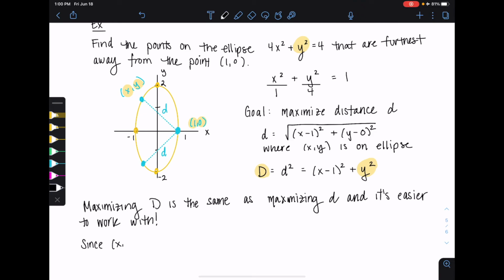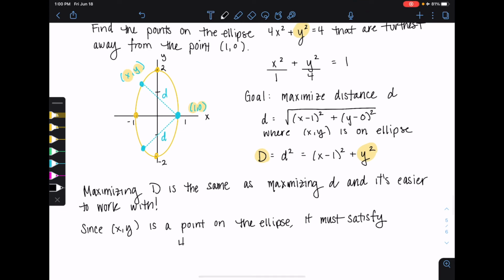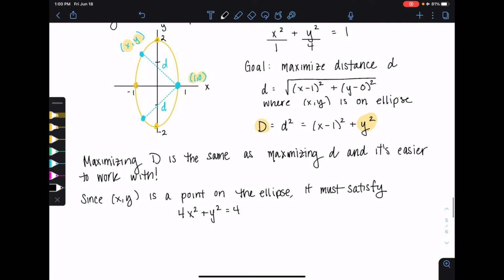So since (x, y) is a point on the ellipse, it must satisfy that 4x squared plus y squared is equal to 4.